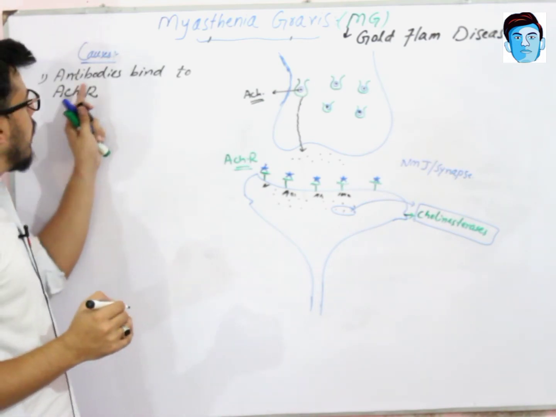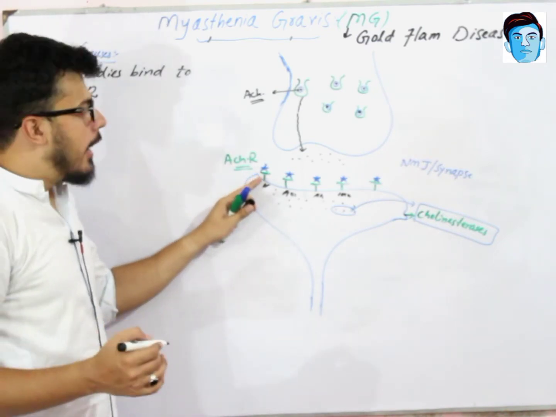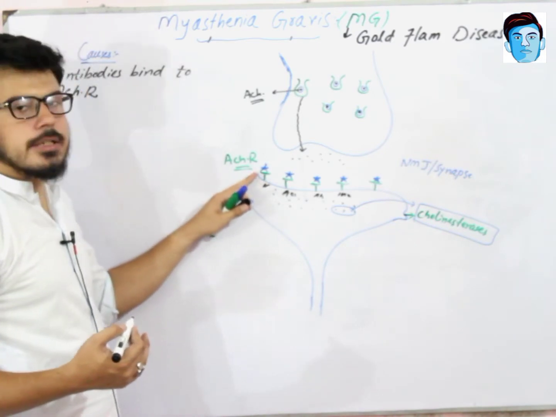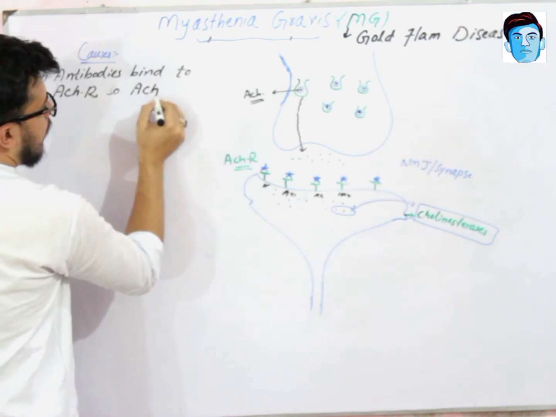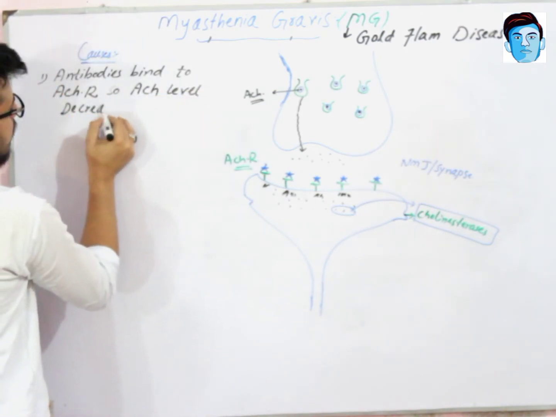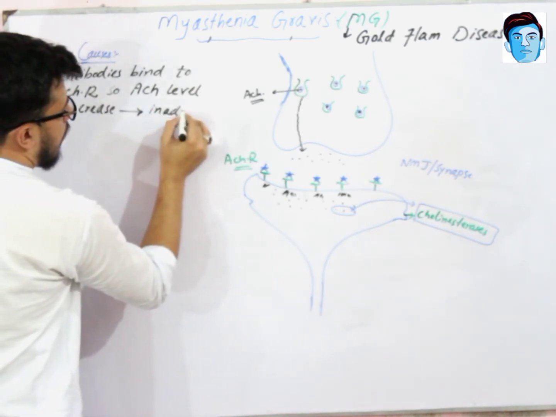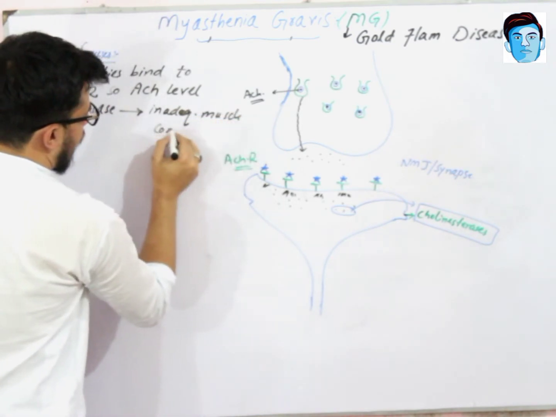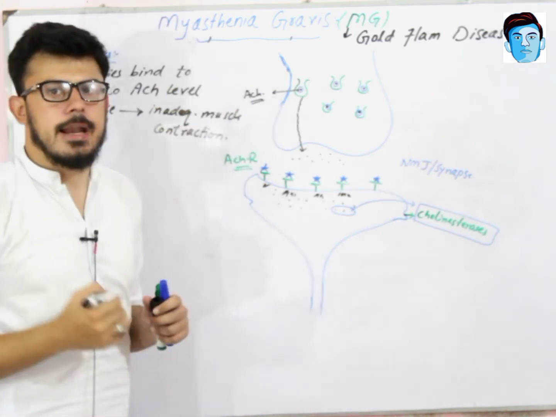When antibodies combine with the acetylcholine receptor, acetylcholine is unable to bind to it. So the acetylcholine level decreases, and decreased acetylcholine leads to inadequate muscle contraction. This is the most common cause of myasthenia gravis.